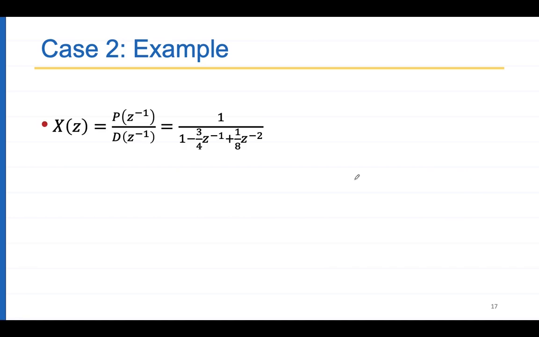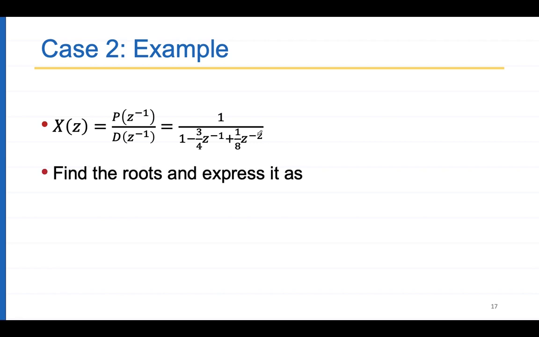Now let's consider another example. If my X(z) is a rational polynomial of this form, how do I do it? Now it is no longer a product of 1 minus some a1 z inverse multiplying with some other 1 minus a2 z inverse, but a proper polynomial.